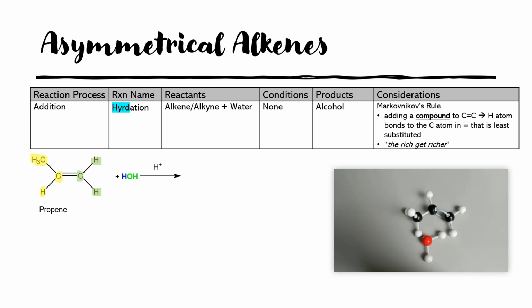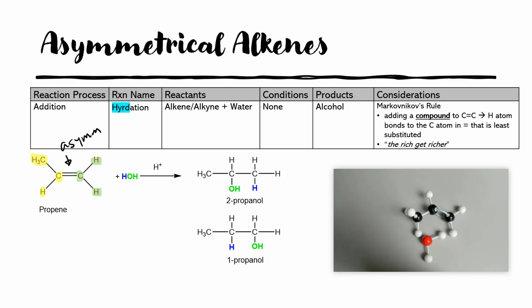This means that this double bond is asymmetrical. In the presence of an acid with that double bond, we could, in theory, make two products. However, only one of them is preferential because of the asymmetry of this compound.